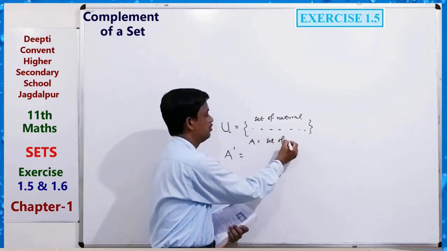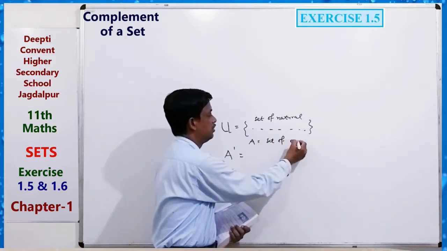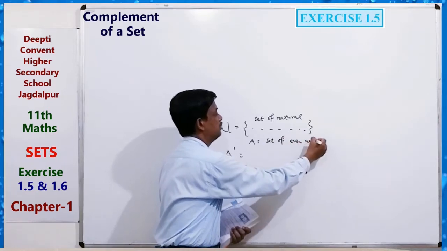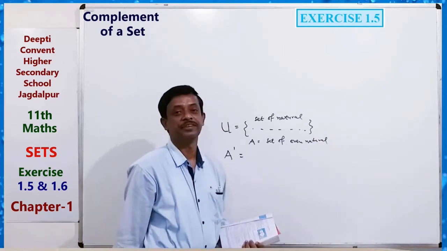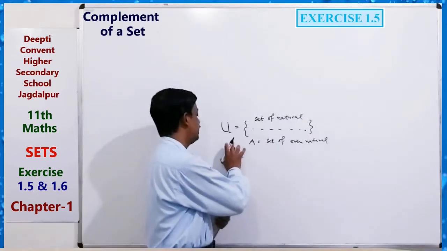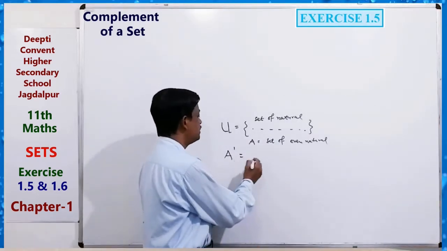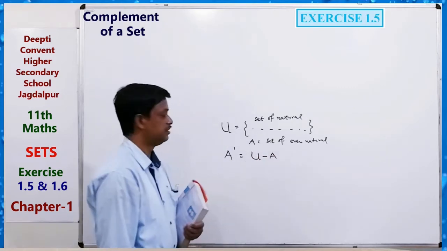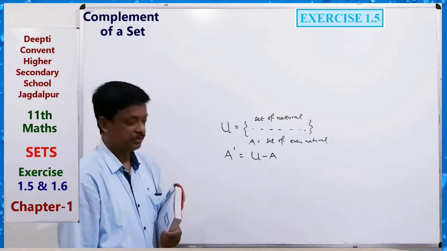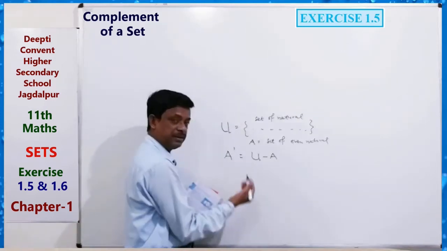the set of even natural numbers, then A dash means what? A dash means U minus A. We know about complement.